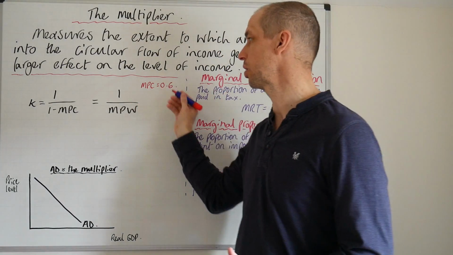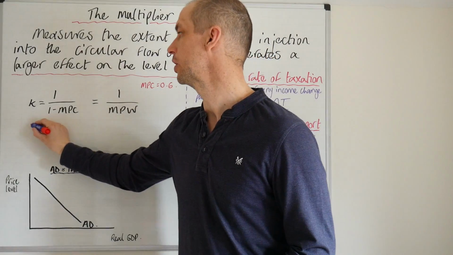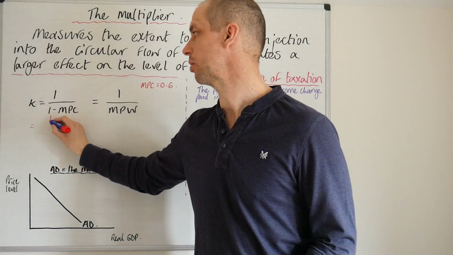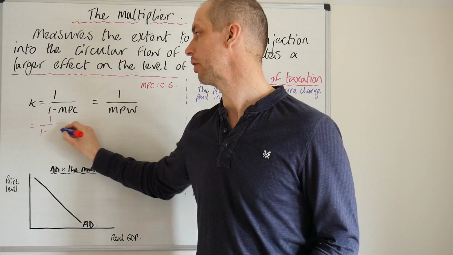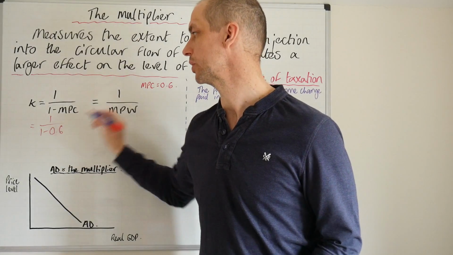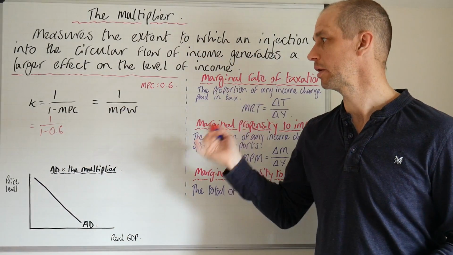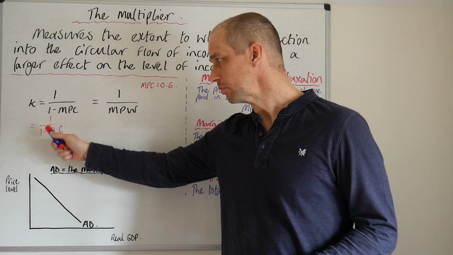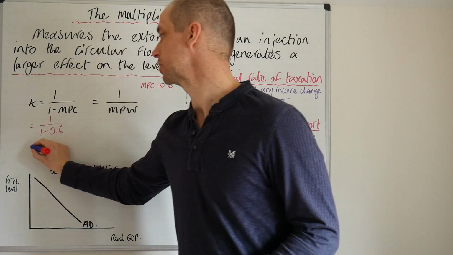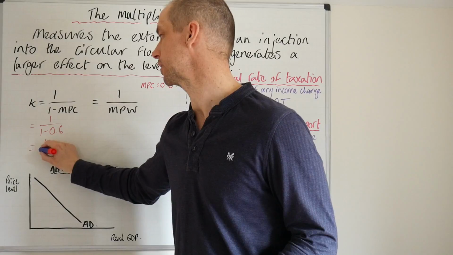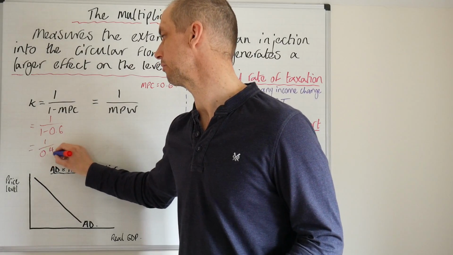So if we work through this first example, we have 1 over 1 minus 0.6, which of course translates to 1 over 0.4.